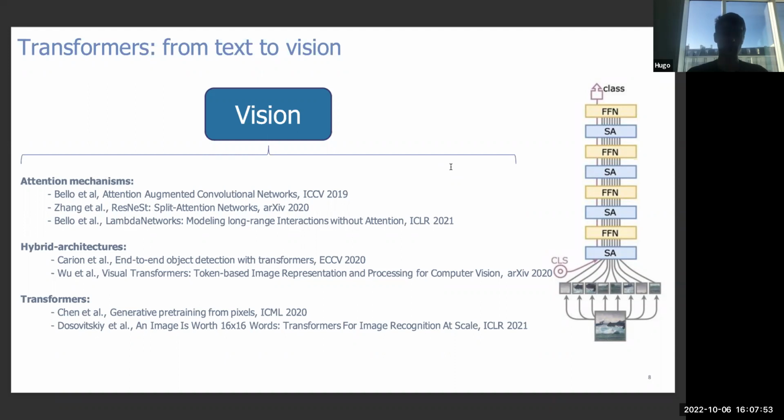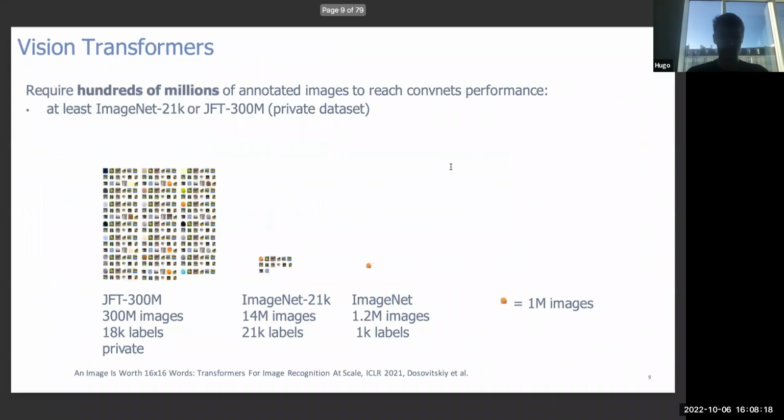For instance, in DETR, they use ResNet-50 and a transformer for object detection. And before the Dosovitskiy paper, there were some attempts to use a vanilla transformer on computer vision, but generally they applied the transformer at the pixel level. And due to the quadratic complexity of the self-attention mechanism, this architecture was not very efficient.